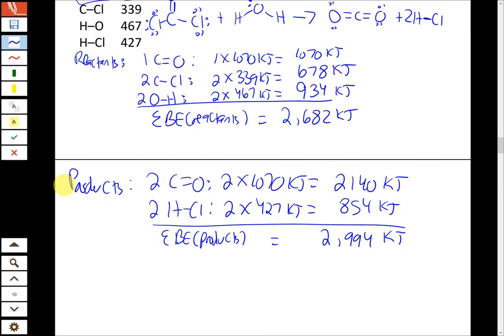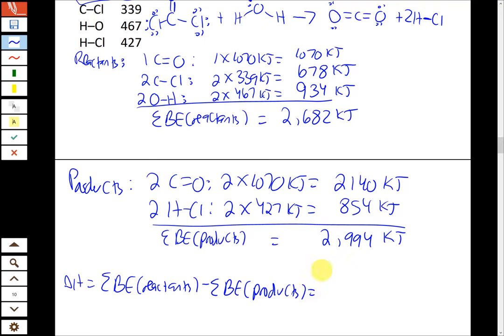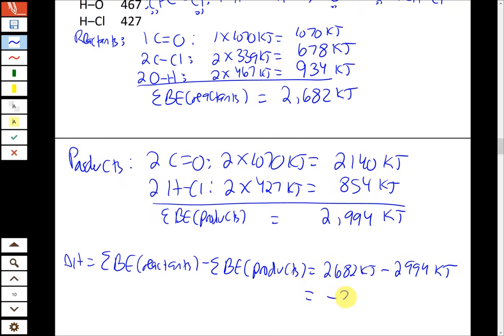Okay, and then finally for the delta H, it's going to be reactants minus products. That's why I did it in this order. So we have 2,682 for reactants minus 2,994 for products, and I got minus 312 kilojoules.